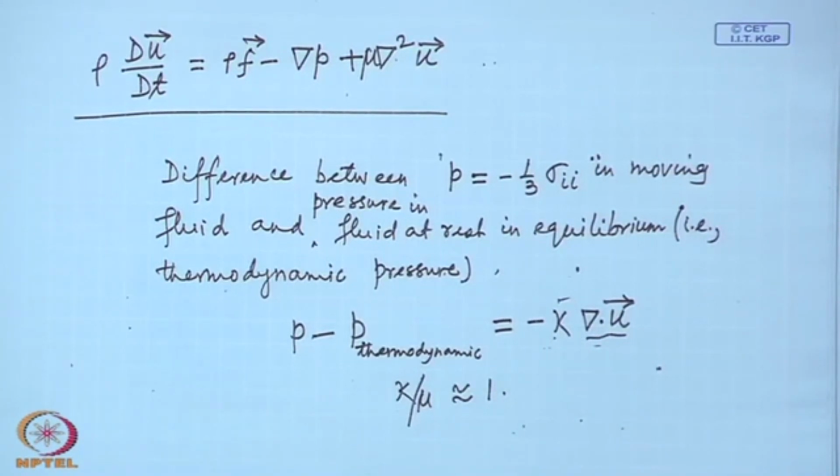But in most usual cases where the rate of expansion is not that high, is some average or moderate value, again these are negligible. So, in usual cases, we need not consider a difference between these two pressures, and henceforth in all our discussion we do not have to consider that difference. We will take it for granted that whatever pressure we are finding, that is the same as the thermodynamic or equilibrium pressure as well as the pressure in a moving fluid.